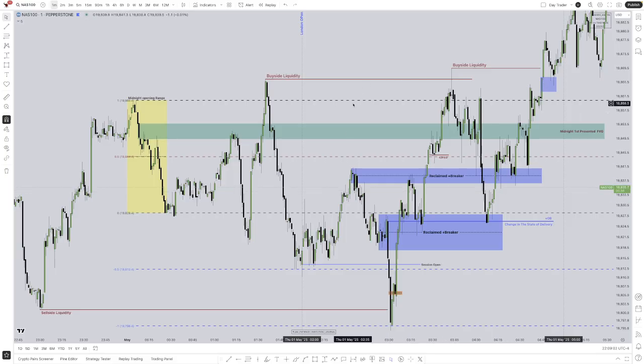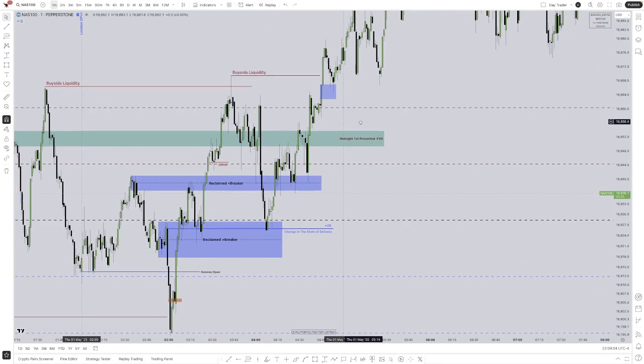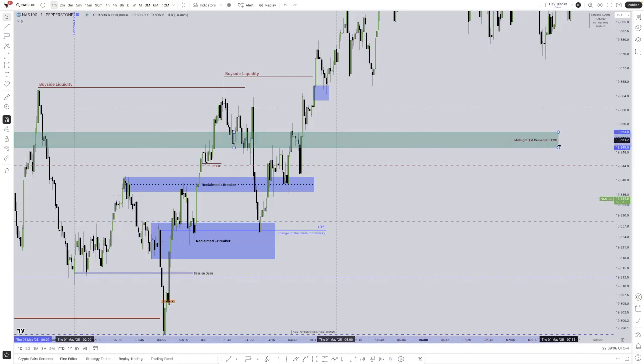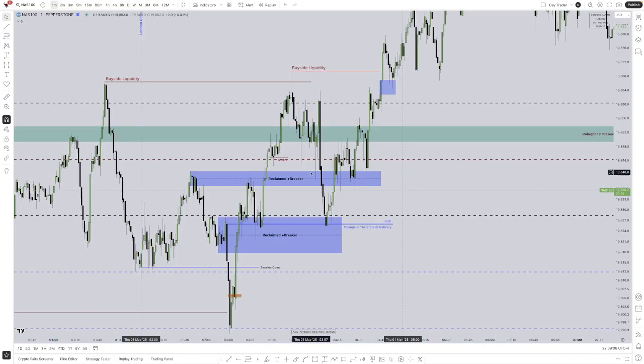So if not, then obviously if you drag it all the way up, even after reclaiming the breaker and the change in the bullish order block right there, look at that candle. They failed to close below this reclaimed breaker, pushed higher, then came back and retested it for the second time after closing above the first presented midnight fair value gap.